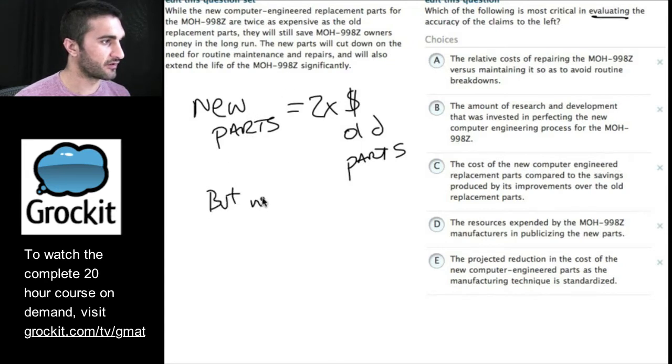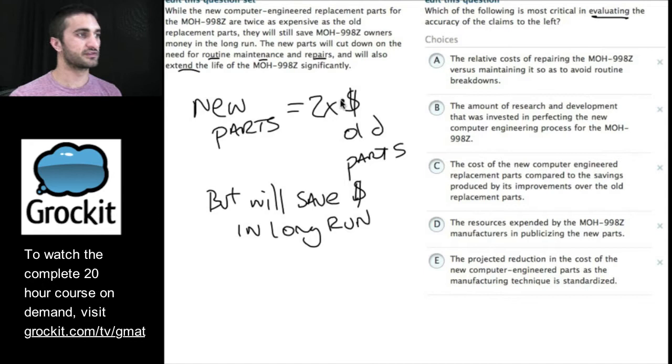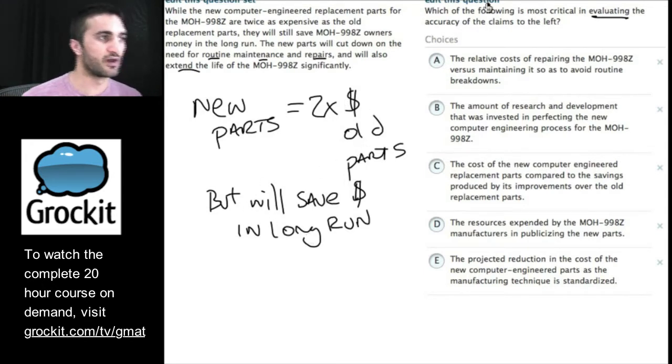But will save in the long run. Because of their cut down on the need for routine maintenance and repairs and extending life. So new parts are twice the cost of the old parts, but they'll save money in the long run.